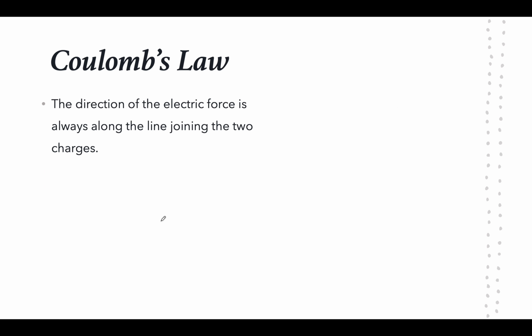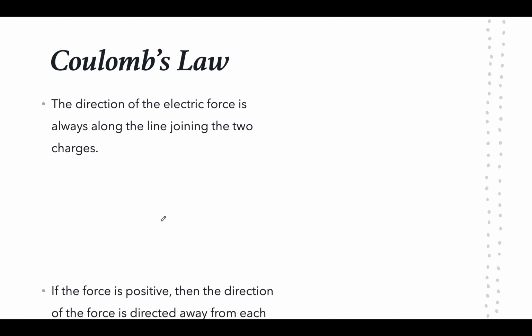Since force is a vector quantity, force will have a magnitude and a direction. We already looked at how to find the magnitude. Now let's look at the direction. The direction of the electric force will always be along the line joining the two charges.